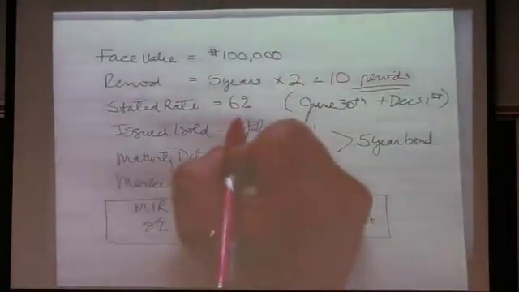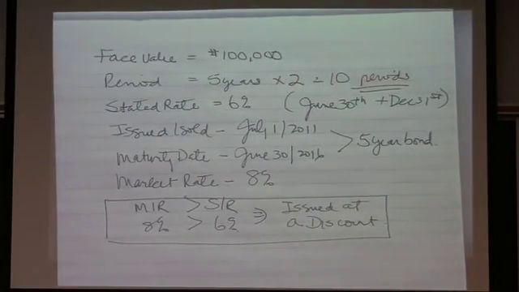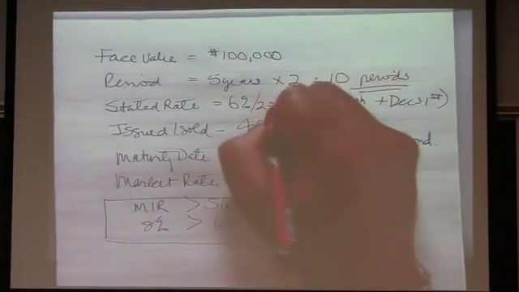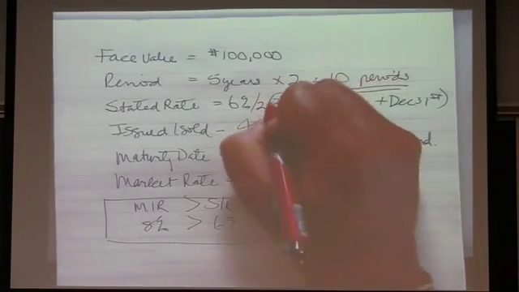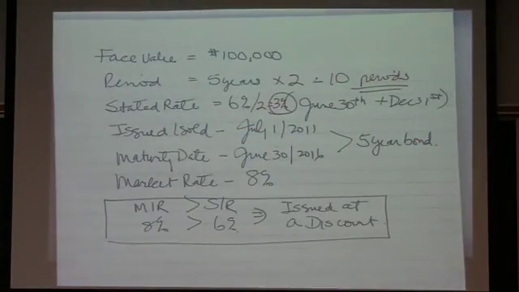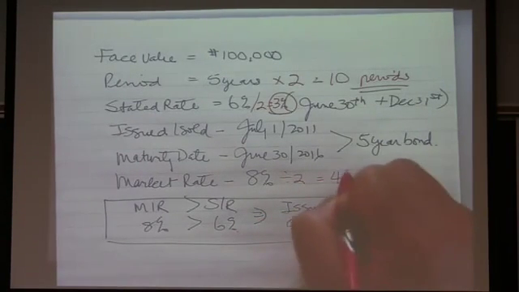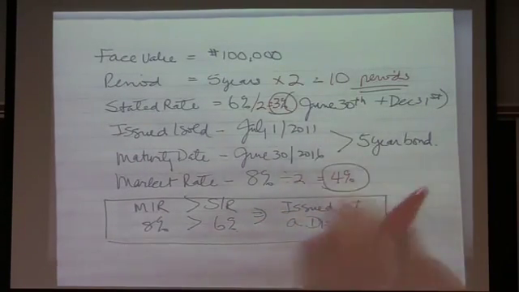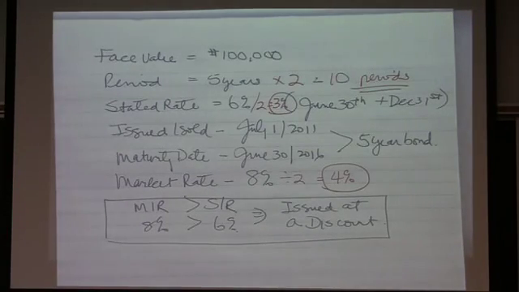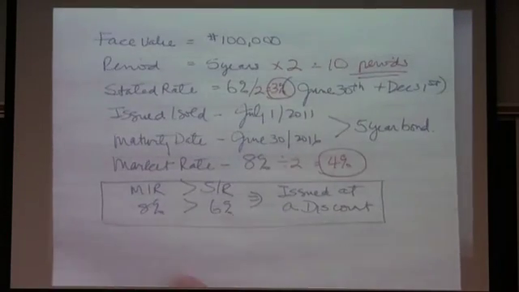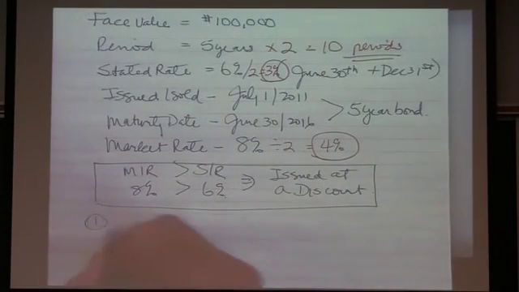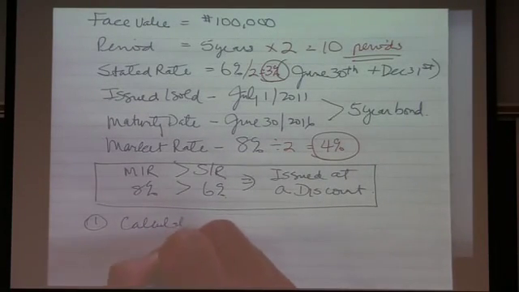Usually the rates are given to you on an annual basis. So we know that we need to divide this by 2 to determine the amount paid each 6 months. And the same thing with the market rate. So the first part is we need to calculate the issue price of the bond.